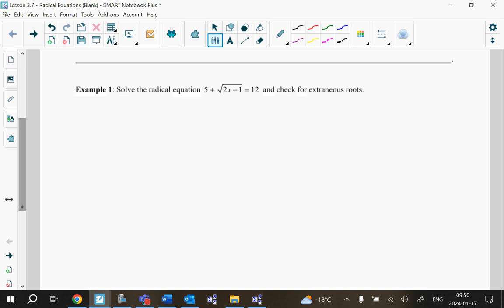No. What might you do first that might make life easier on you? Get the square root by itself. So we want to move the 5 to the other side by subtracting 5. So when we do that, we get the square root of 2x minus 1 equals 7.